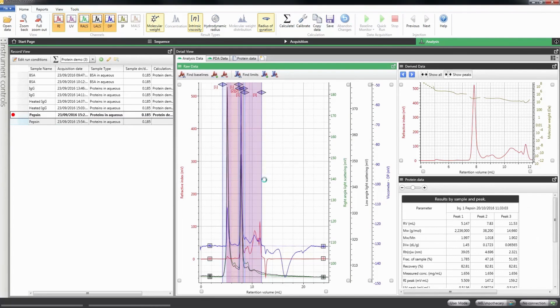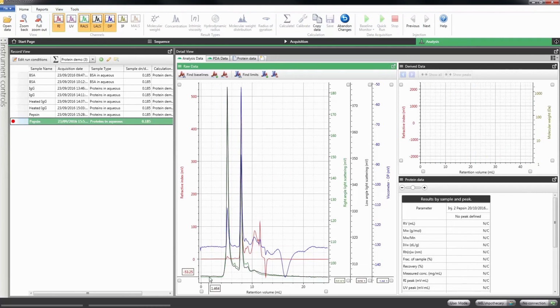And I will do the last sample as well, and then we will compare this with the aggregated IgG samples.